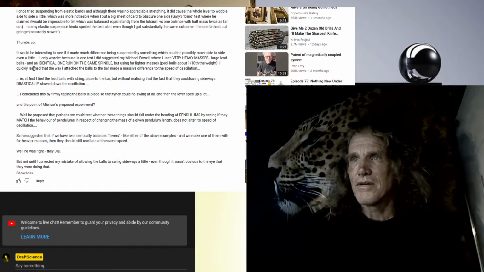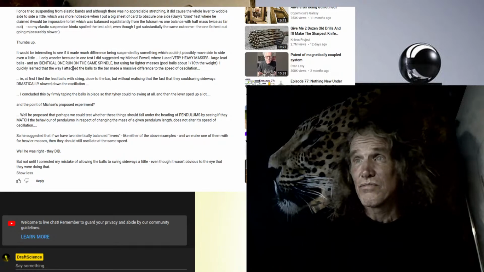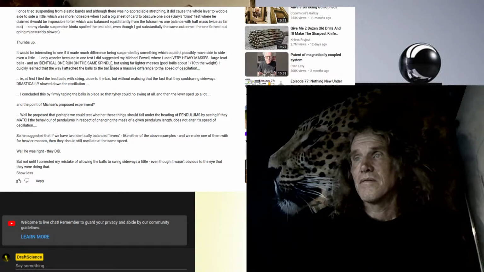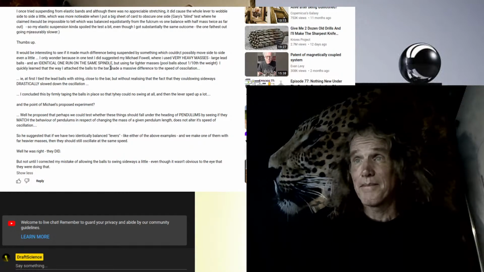"Large lead balls and an identical one run." So here he does this capitals again. "And an identical one run on the same spindle." What could that mean? He put it in capital letters, so I'm assuming everybody's supposed to know what that means.